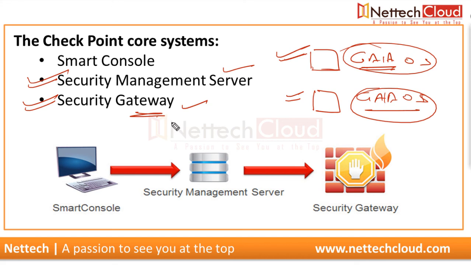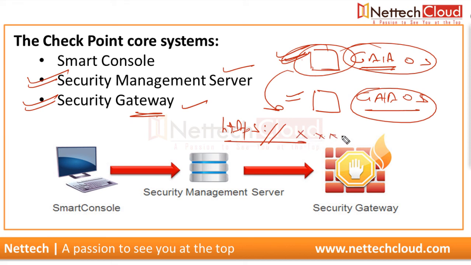Once you have successfully installed the Gaia operating system on the virtual appliance, we do the initial configuration from the web UI, https colon double slash and then the IP address of the Gaia OS. During this initial configuration from the web user interface, we have the option to run this platform as only SMS, only SG, or both, right?